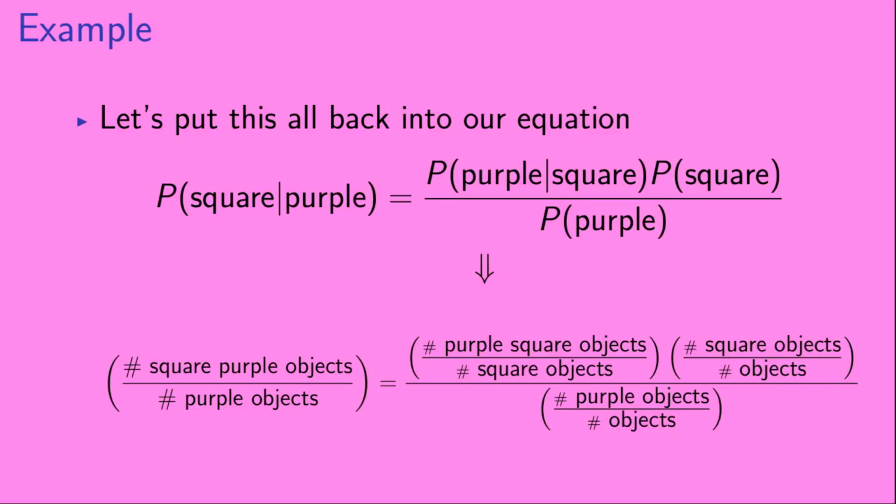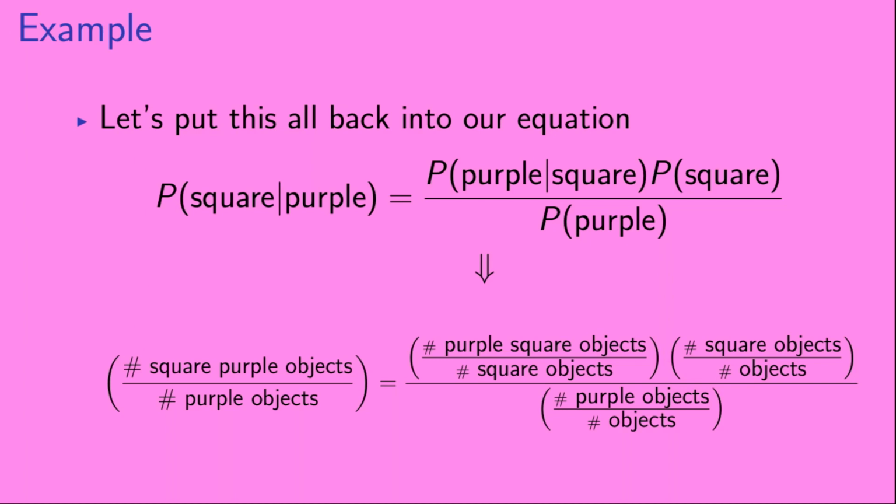So let's put this all back into our equation. On the left-hand side, we had P of square given purple. That becomes the number of square purple objects over the number of purple objects. On the right-hand side, we have 3 factors that we need to worry about. The first one is P of purple given square.